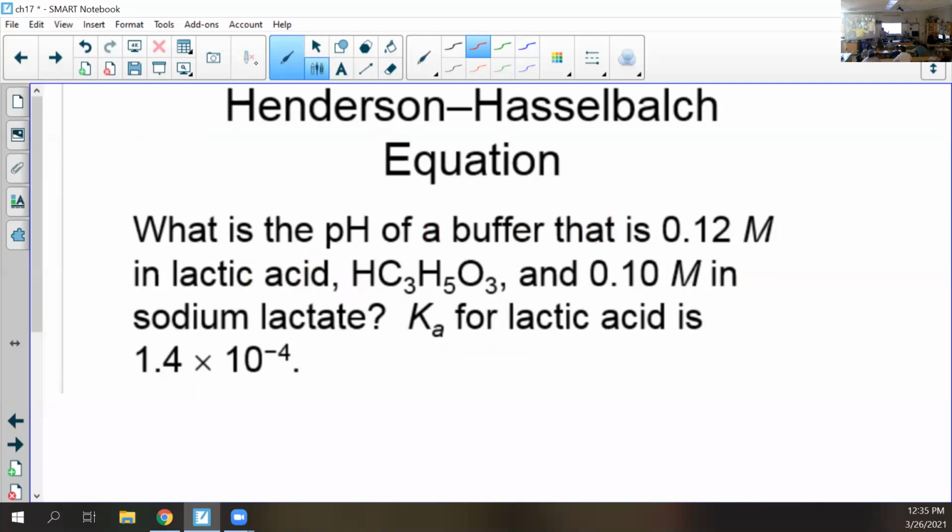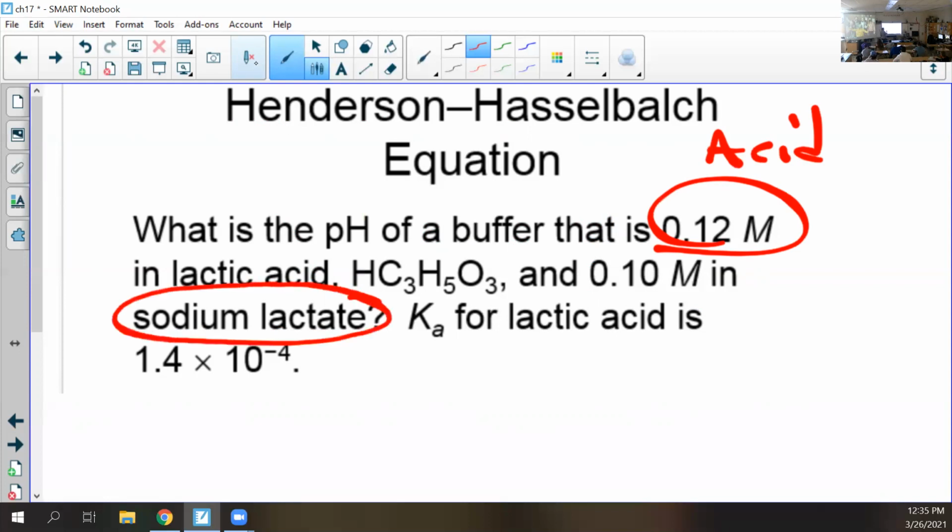So this is the acid, which is HC3H5O3, and 0.1 molar in sodium lactate. This is the conjugate base. So if you think about it, I have both a weak acid and a conjugate base. So I have a buffer.